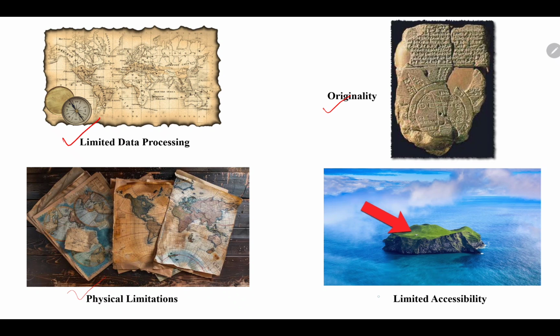Last point, we have limited accessibility. Physical maps need to be physically transported to be distributed. If I have a map and want to send it to one of my friends, I will need to go to my friend's house or meet my friend in order to give the map to that person. But it is not always possible.